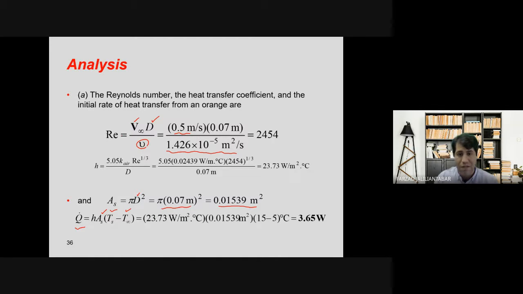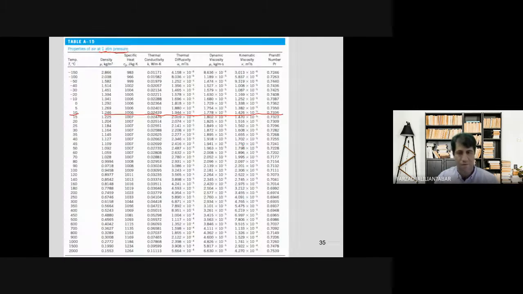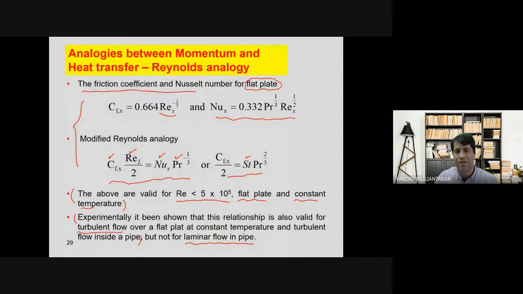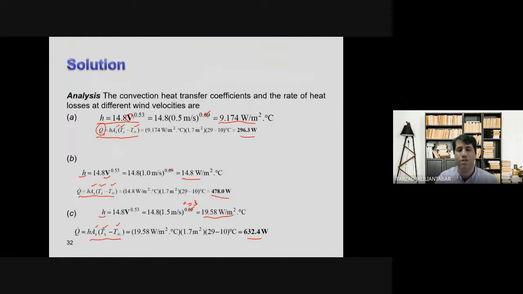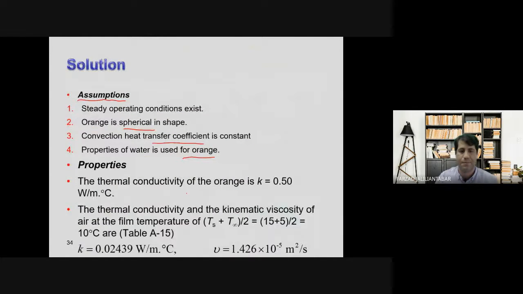By this, we can find the Reynolds number, which is dimensionless, and will be 2,454. This is the Reynolds number. It is less than that critical value which I told you, 5 times 10 to the power 5. If you remember, we had this criteria. And we can use the equation which we have developed.